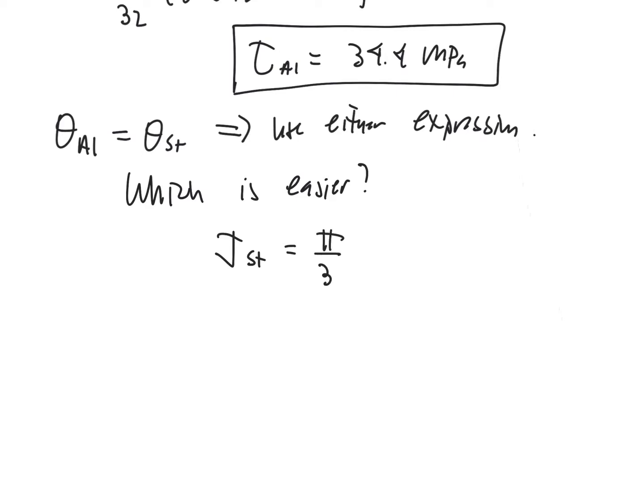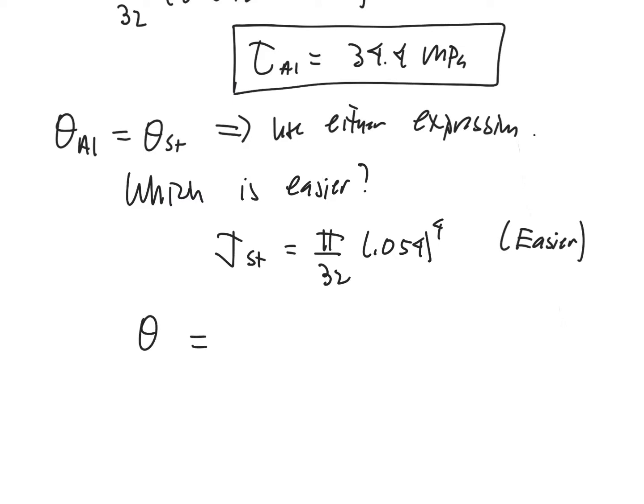It's pi over 32 times 0.054 to the fourth. You don't have to subtract anything off. So you could say, arguably, I suppose, that that is going to be the easier calculation unless you've already stored it and you've already done that calculation. But in any event, I'll go ahead and pick that value.